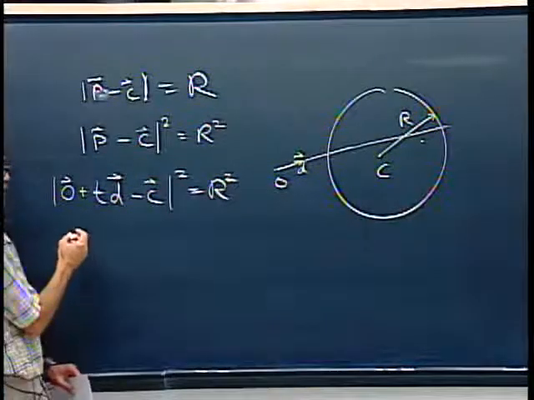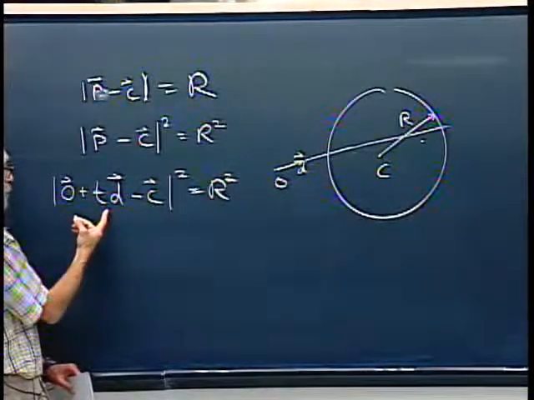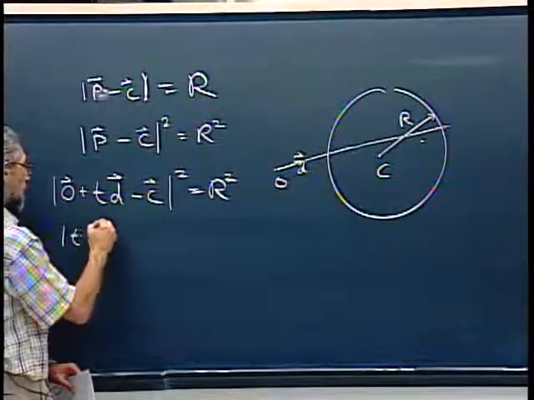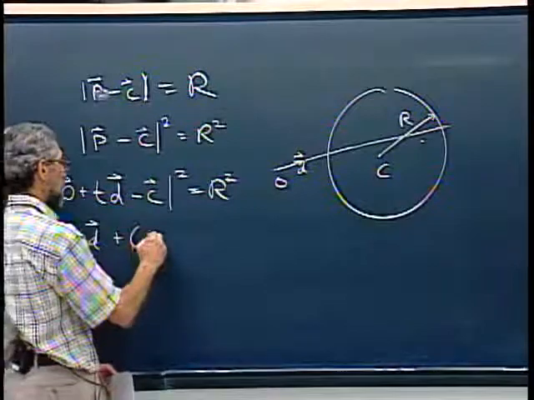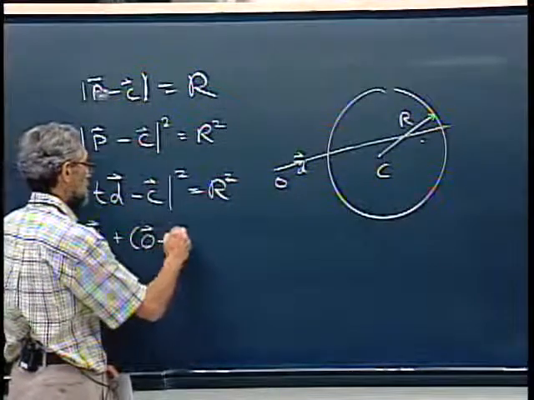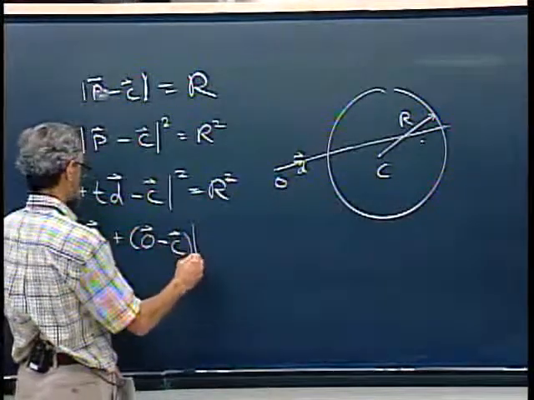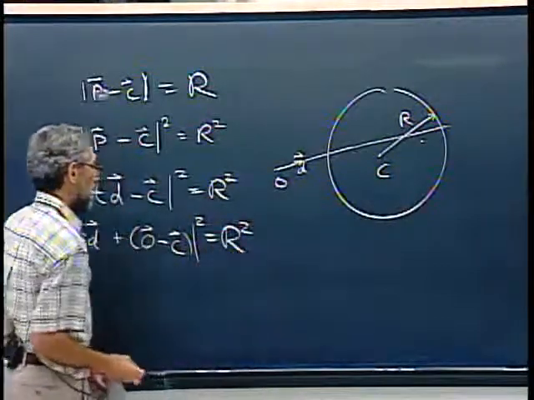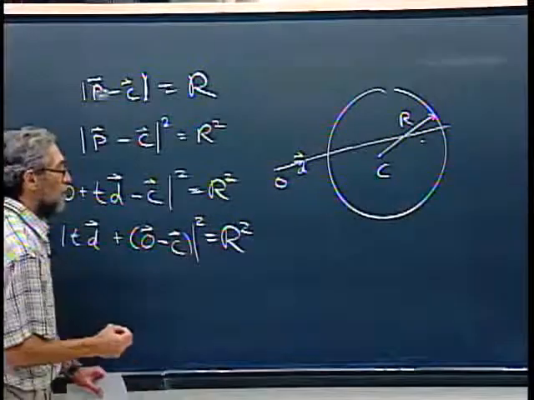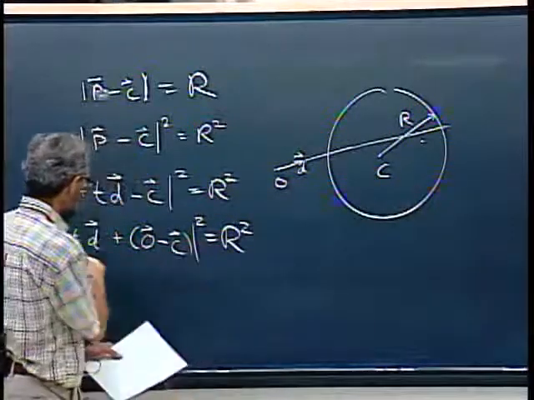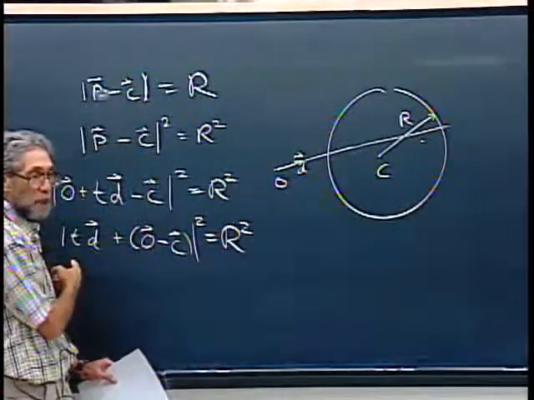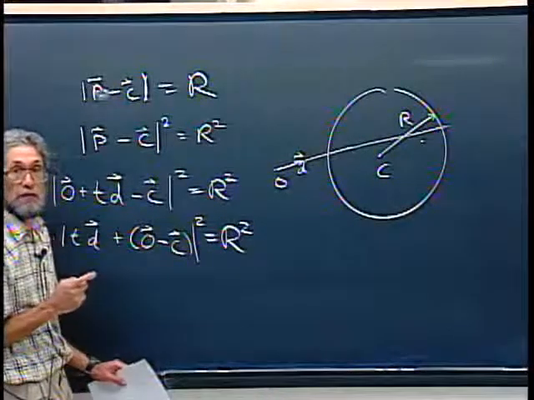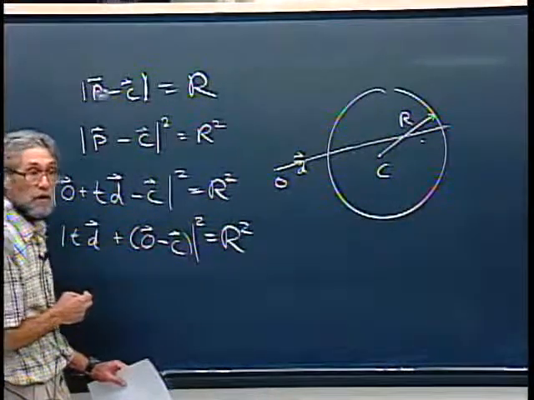So let me take the terms with t separately. So I'm going to say TD plus a constant vector O minus C squared equals r squared. And then maybe I'll go to the next board. This thing can be expressed as a dot product. The length squared of any vector is the dot product of that vector with itself.